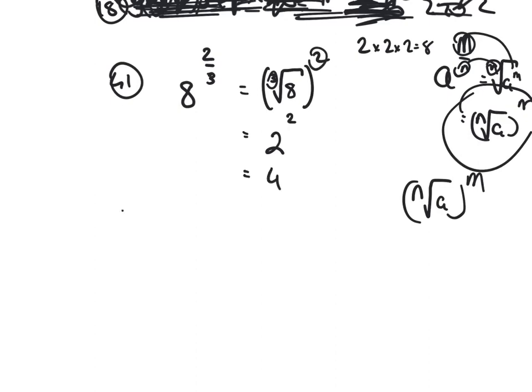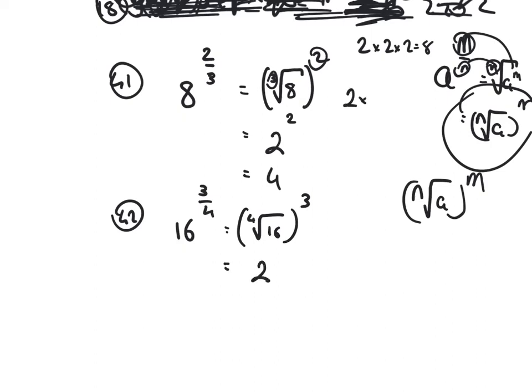Let's try another one of those. Example 42. 16 to the power 3/4. So that's the 4th root of 16 brought to the power 3. The 4th root of 16 is 2, since 2 times 2 times 2 times 2 equals 16. And then I need to cube that. 2 cubed, 2 times 2 times 2, that's 8.